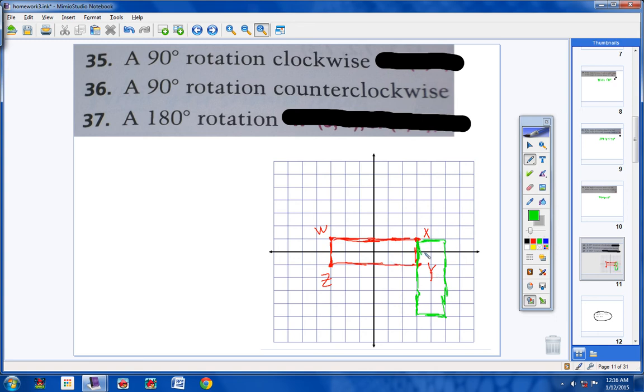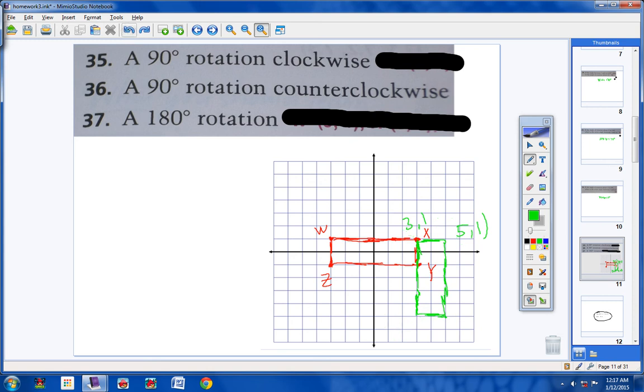So we're looking at 3, 1, 5, 1, 3, negative 5, and then 5, negative 5. Okay, there we go. Let's check this out real quick and make sure these answers are correct. 3, negative 5, 5, negative 5, 3, 1, 5, 1. Yes, they are correct. Okay, last one.